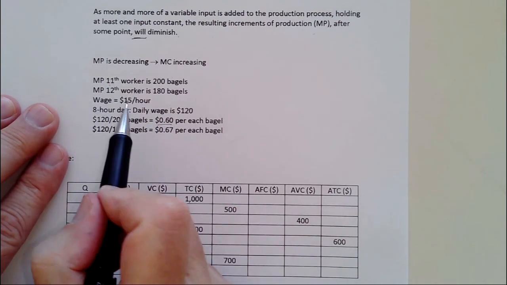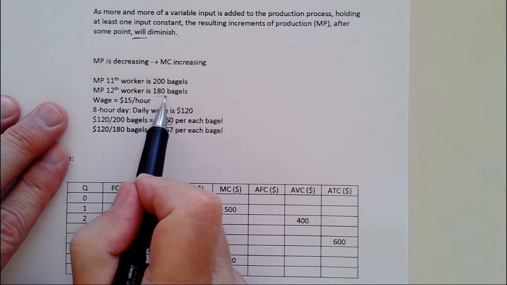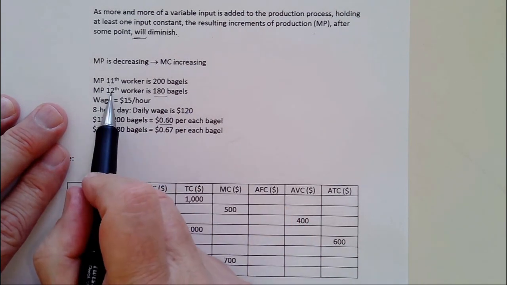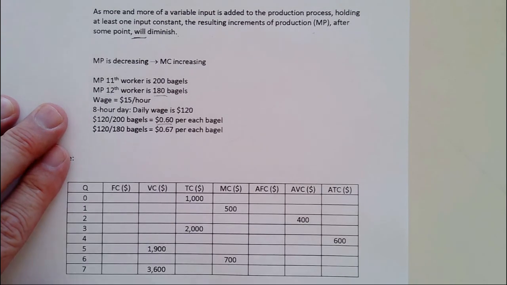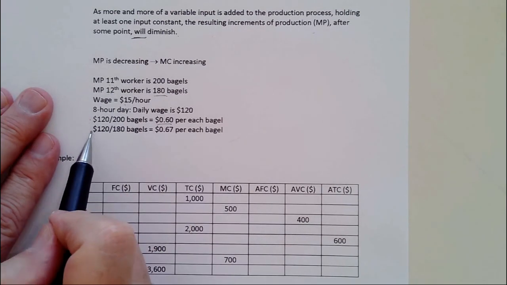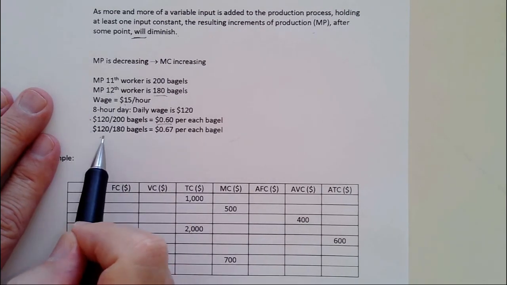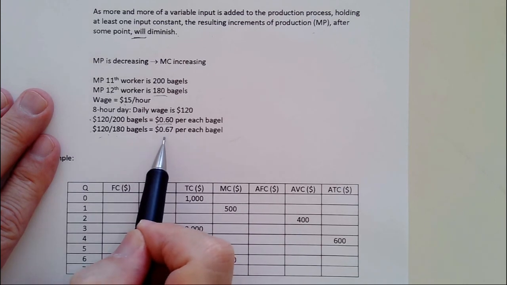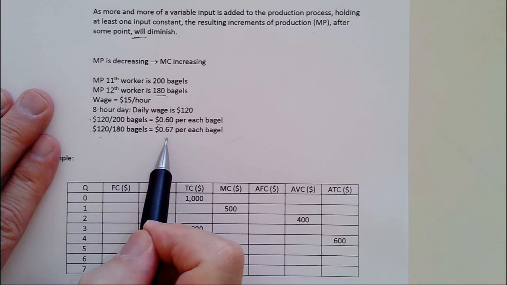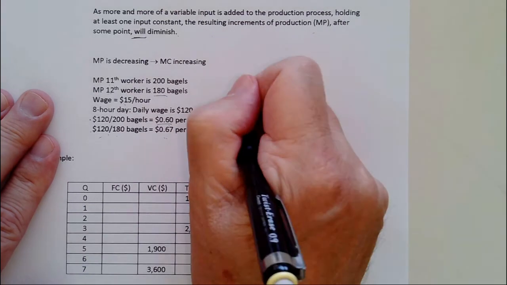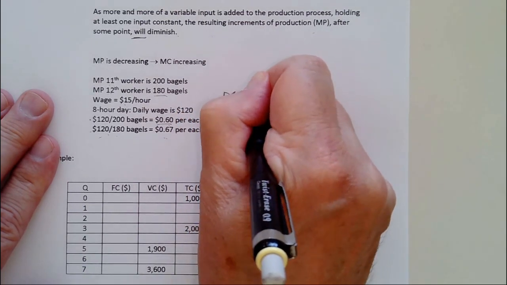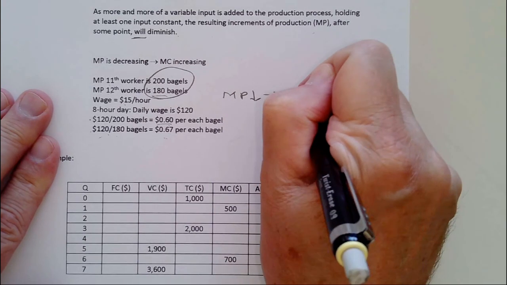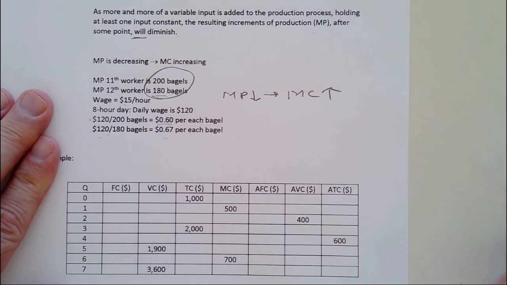But now the 12th worker brings in a little bit less, say 180, because now we have diminishing marginal returns. The 12th worker has less capital to work with than the 11th worker. Wage is still the same. The daily cost is still 120, but now we're taking the same 120 divided by a lower increase in production. So my cost per bagel has gone up from 60 cents to 67 cents. By having the marginal product go down, it's going to be driving up my additional cost per bagel from 60 cents to 67 cents.